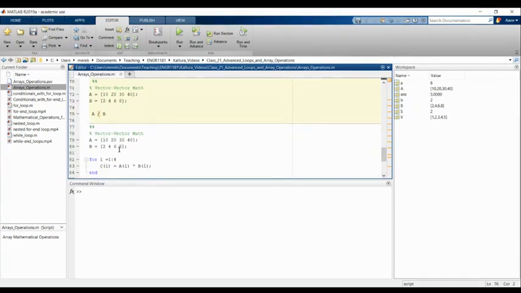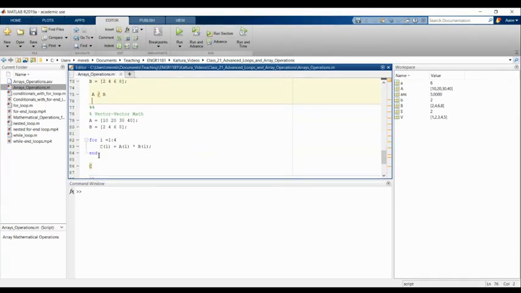And then the other method I mentioned to you, you could use the for loop, so it can just go through. Remember the index, like this is A1, A2, A3, and A4. For B, this is B1, B2, B3, and B4. So we could create another vector C. That's C1 equal A1 times B1, and C2 equal A2 times B2, and C3 equal A3 times B3.